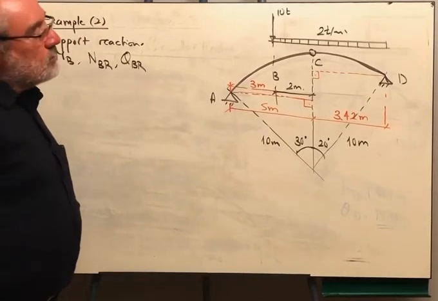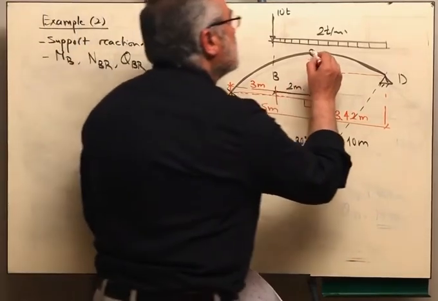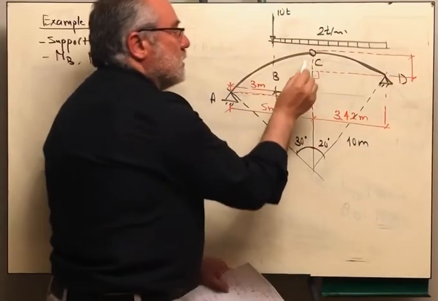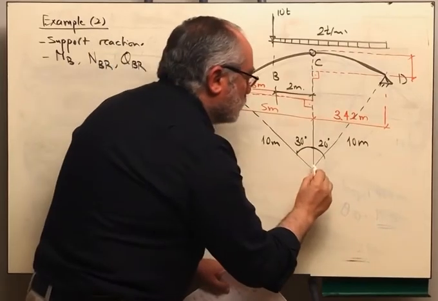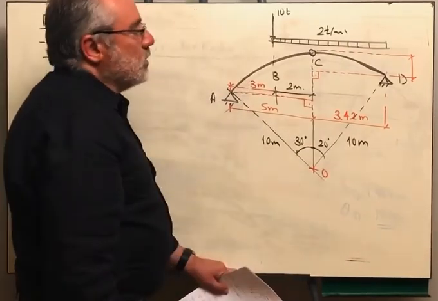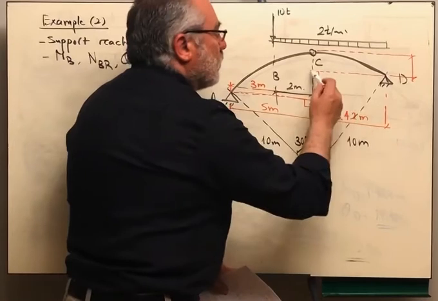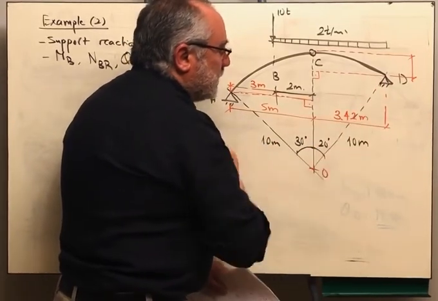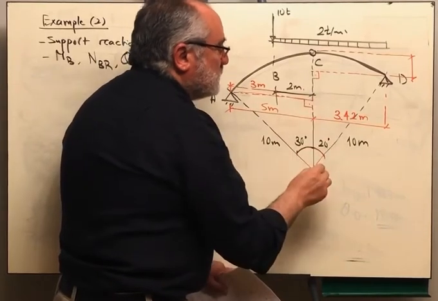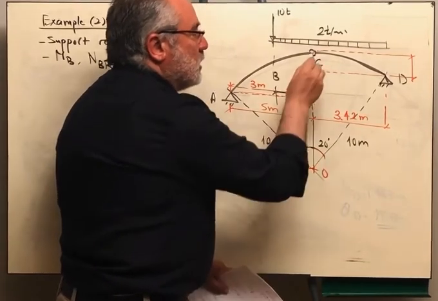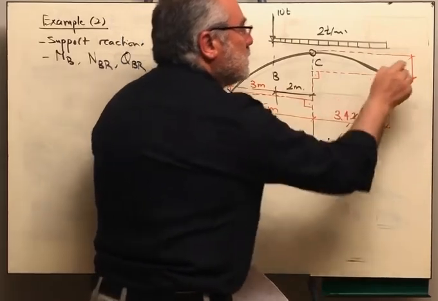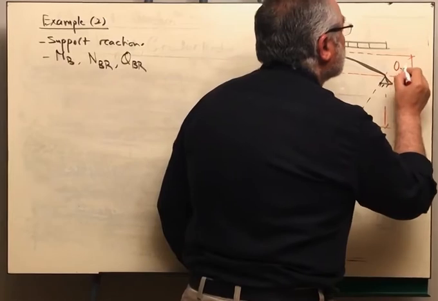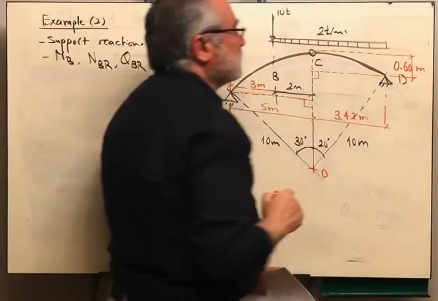We also need to get the height. How can we get this distance here? Again, the distance from point C to the center of the circle O is 10 meters. And from this right angle triangle, we know that the hypotenuse is 10 and the angle subtended here is 20. This distance is 10 cosine 20. 10 minus 10 cosine 20 will give me the height of point C here, and it will be 0.6 meters.